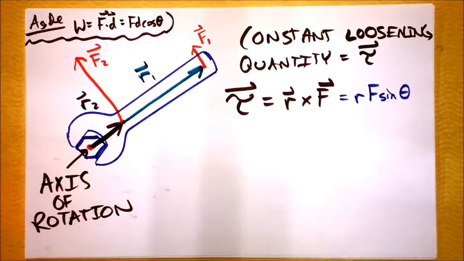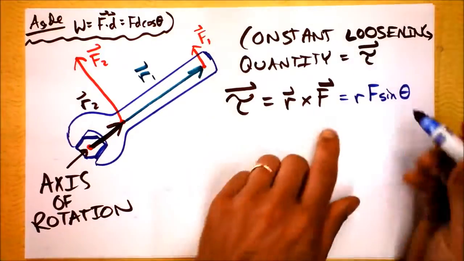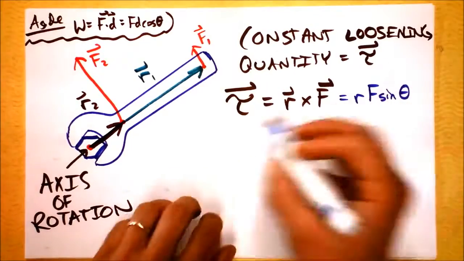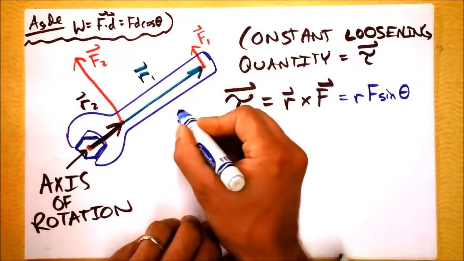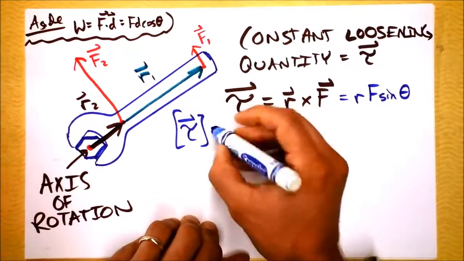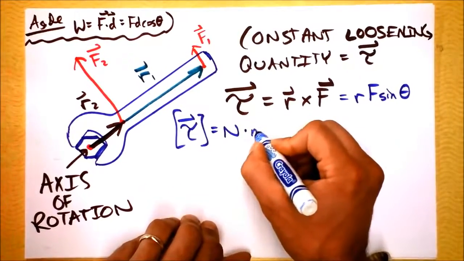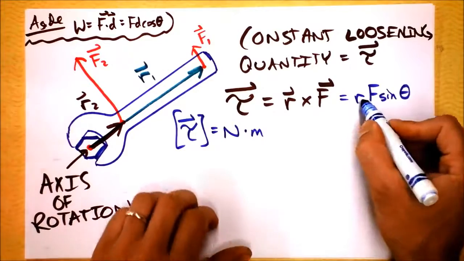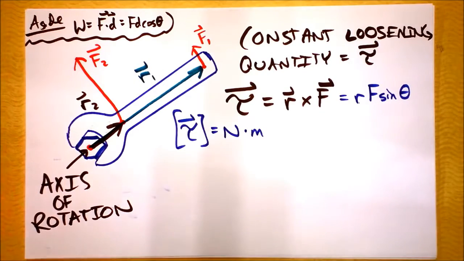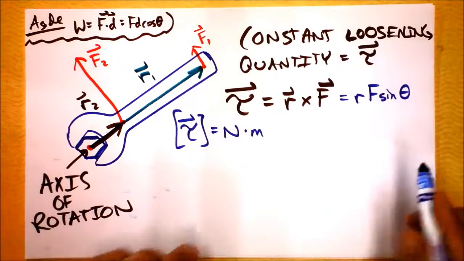So let's go a step further. Oh, well, first of all, the units of torque are Newton meters. We've got units of force and units of distance, and they're multiplied by each other. So we can define a couple more things.